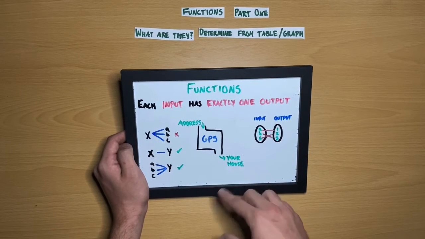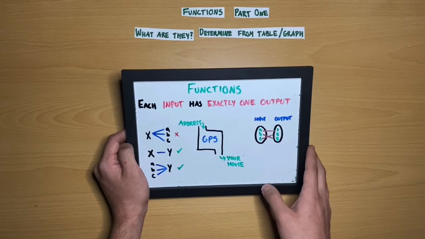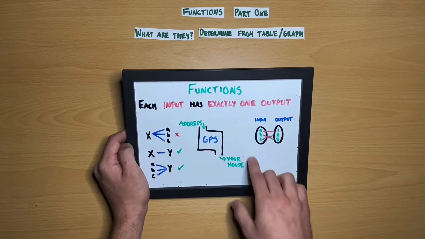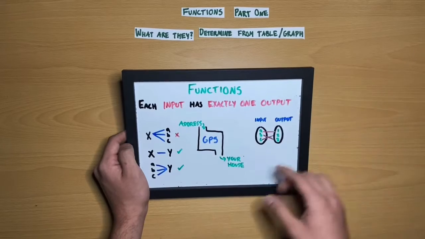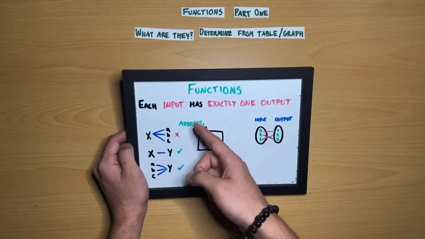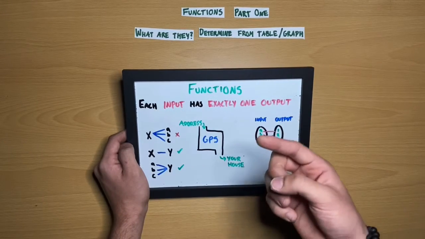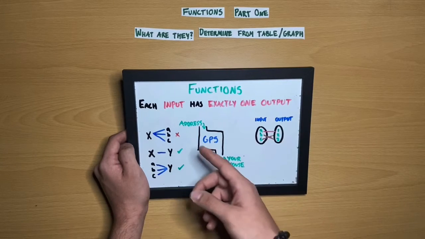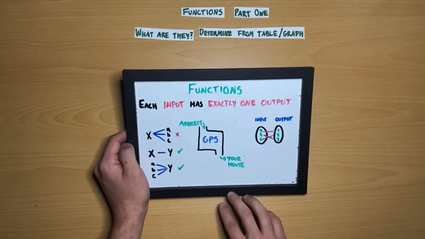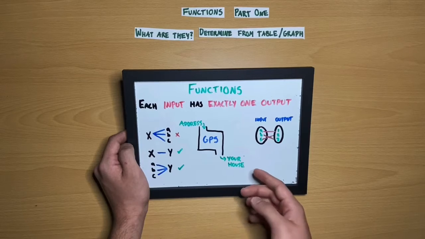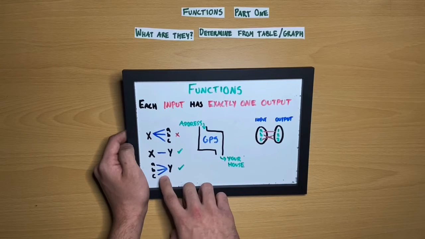If you typed in your house and your GPS was really smart, and you had named it, your GPS could send you back the address, a name, or a whole bunch of information based off of that name. That'd be a really good function too, because multiple things link to the same output.